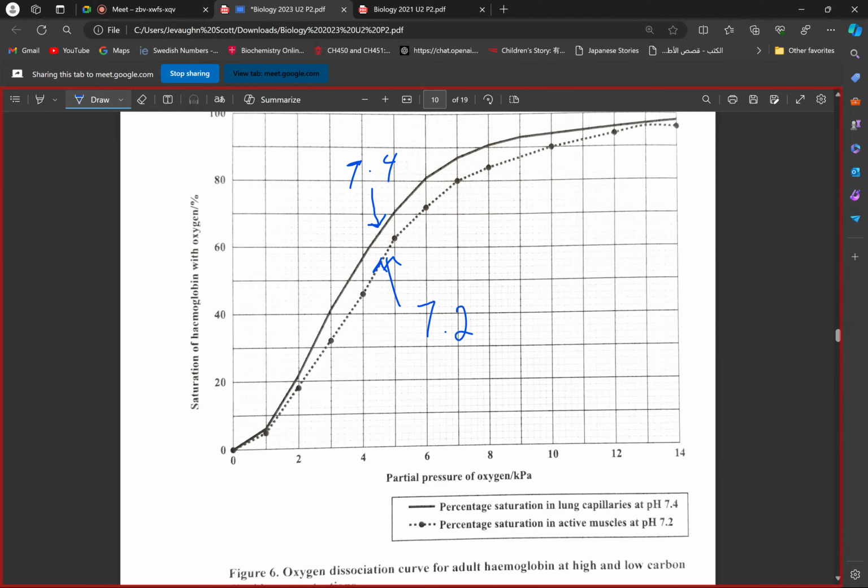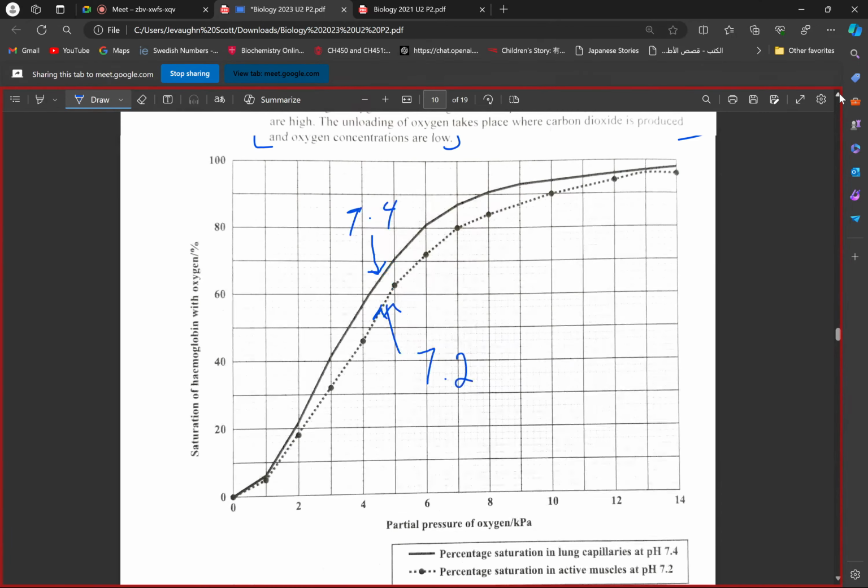The Bohr effect speaks generally to two to three conditions and what the effects of those conditions are. Explain to me the Bohr effect. Anybody? Before we even move on to the question here, explain to me the Bohr effect.